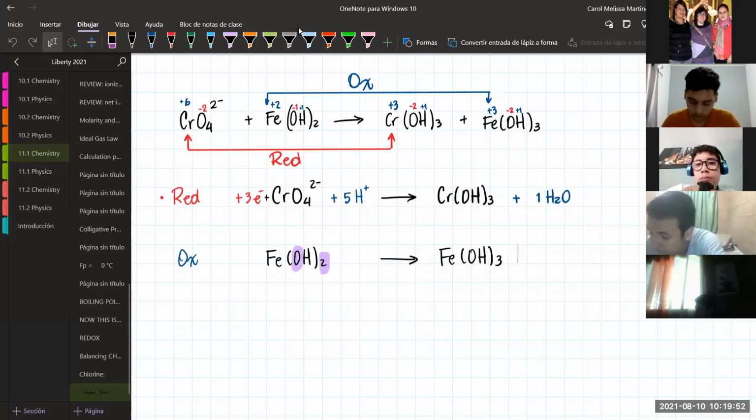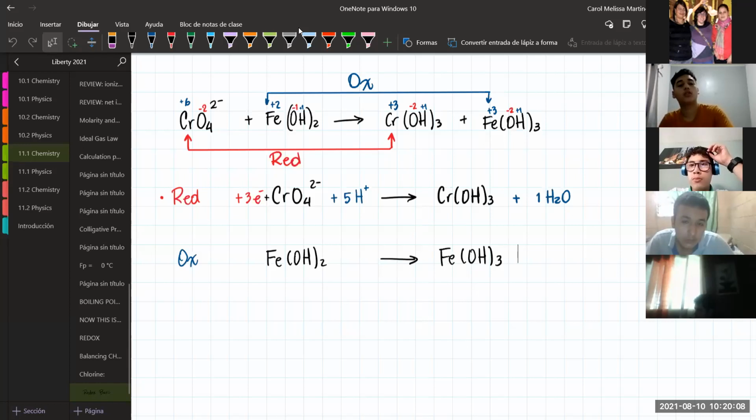So where do I need to add water? In the reactants or in the products? In the reactants. How much water do I need to add? 1 or 2 or 3 molecules? One. I have 2 oxygens in the reactant, and to have 1 more oxygen, I need to add 1 water.